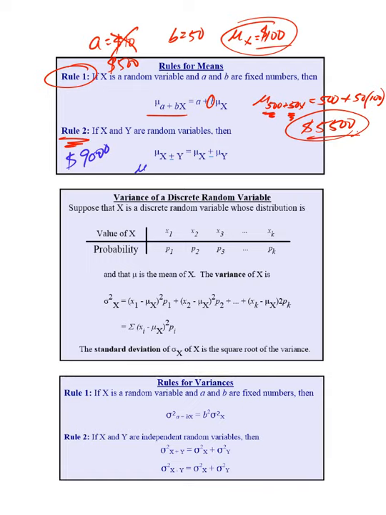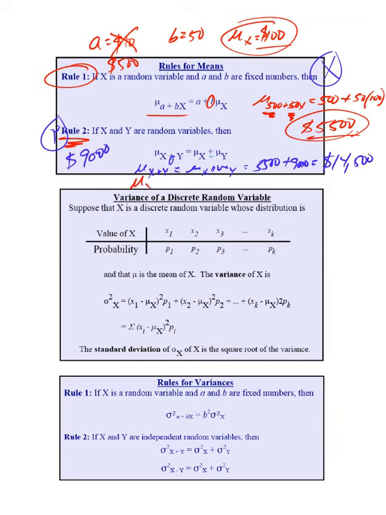So mu of x plus y would just be mu of x plus mu of y, which in this case, let's say this was x, this was y, would be 5,500 plus 9,000. So the gross revenue here would be $14,500.